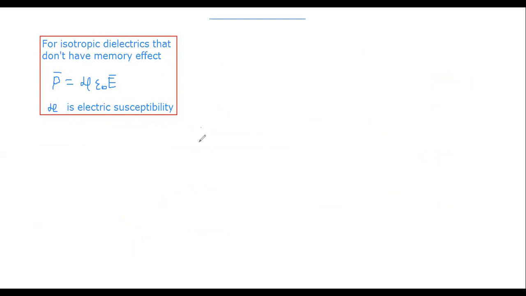And how to connect bound charges and polarization density? It can be connected with Gauss law. So we also have Gauss law for polarization density.